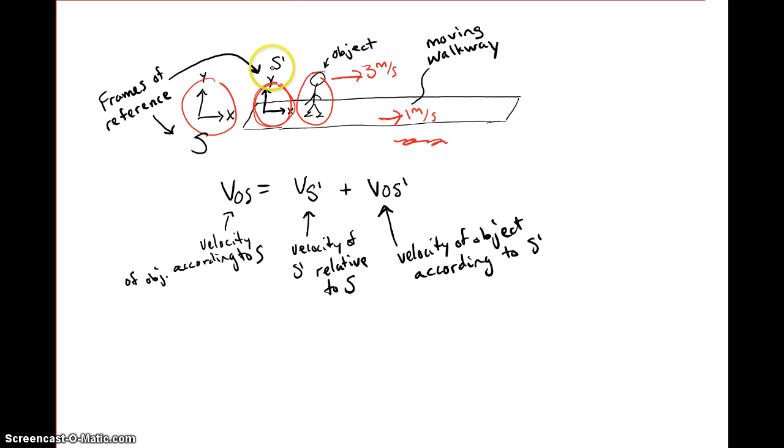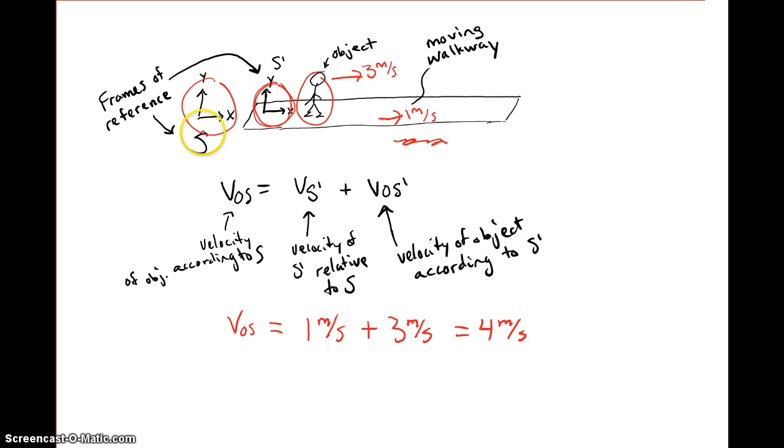So that means S prime is moving away from S at 1 meter per second. If we just use this little equation here, the velocity of the object according to S would be 1 meter per second plus 3 meters per second, or 4 meters per second.